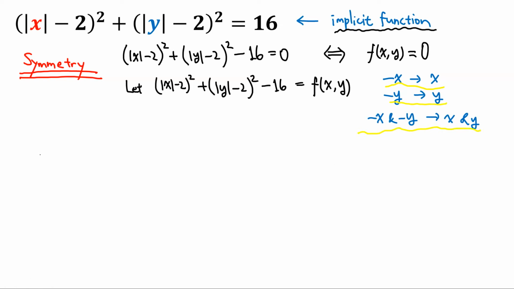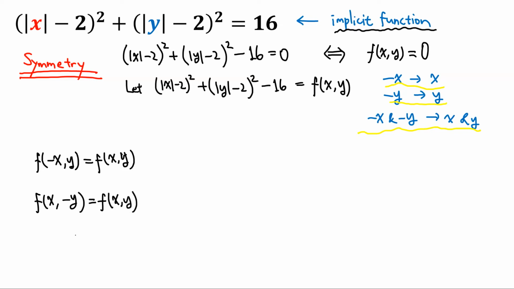We can also express them like this: f(minus x, y), which means we replace x with minus x, is equal to the original function f(x, y). And similarly, if we use minus y instead, the function is unchanged. And we can say the same thing for using both minus x and minus y.